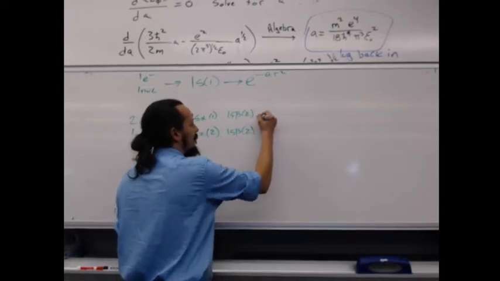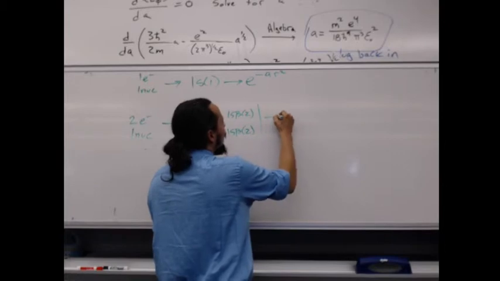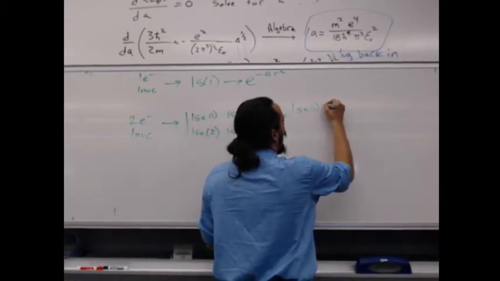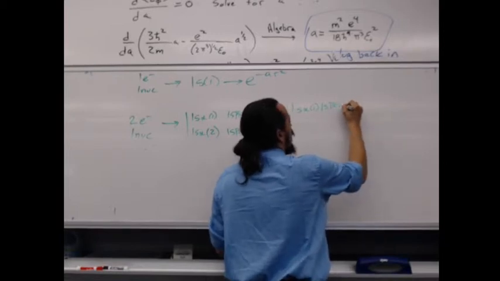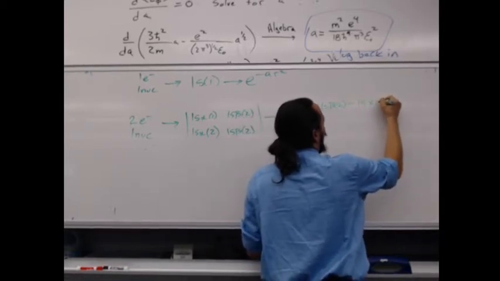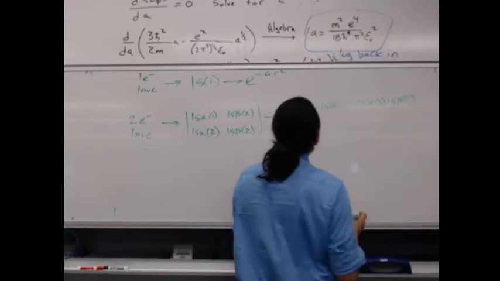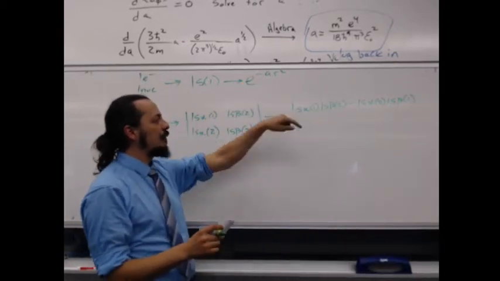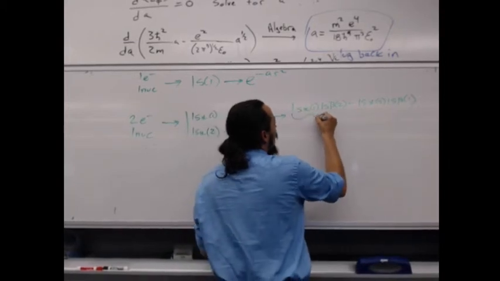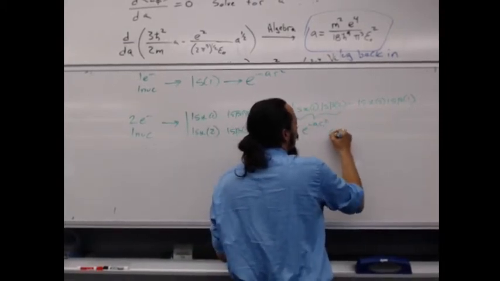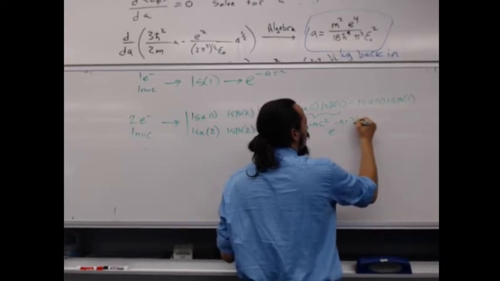Which gives us 1s alpha 1, 1s beta 2, minus 1s alpha 2, 1s beta 1, where we can essentially use the same guess function for each of these, something like e to the minus a r1 squared, e to the minus a r2 squared.